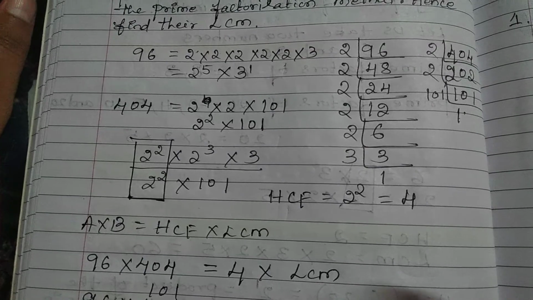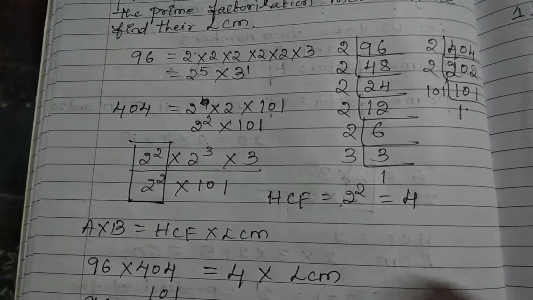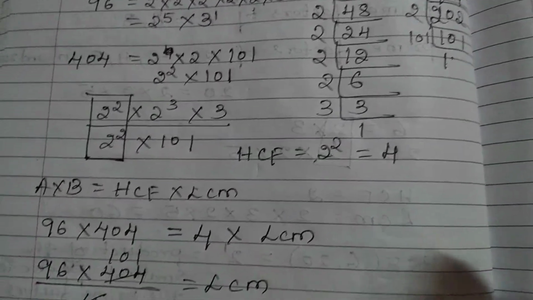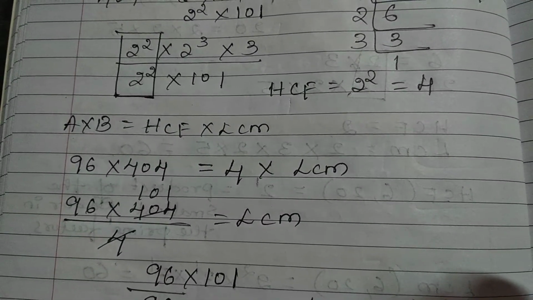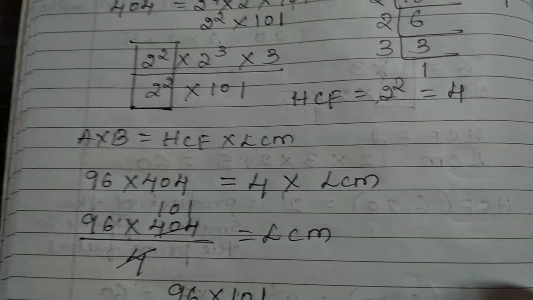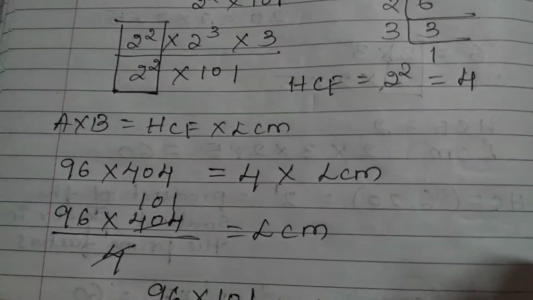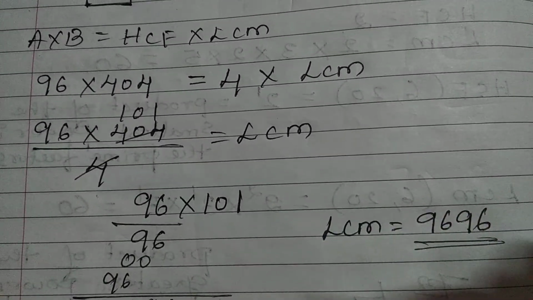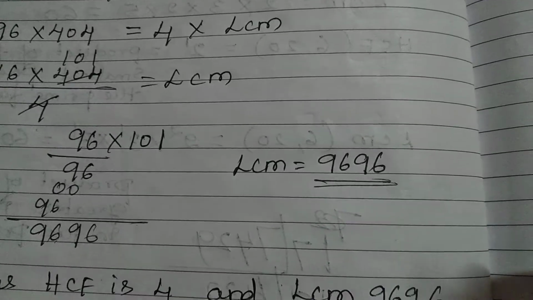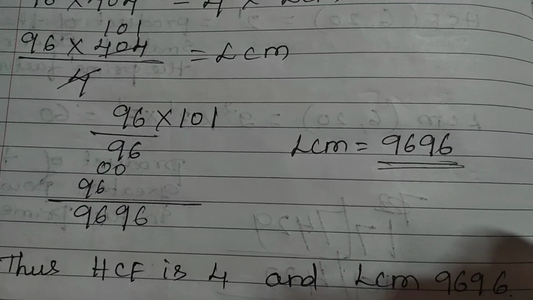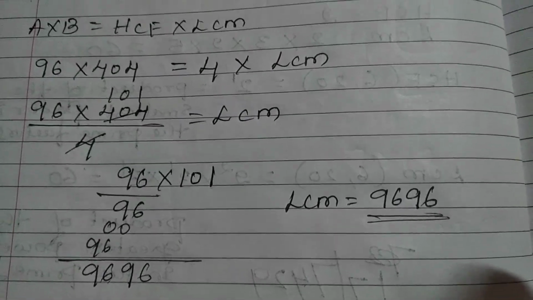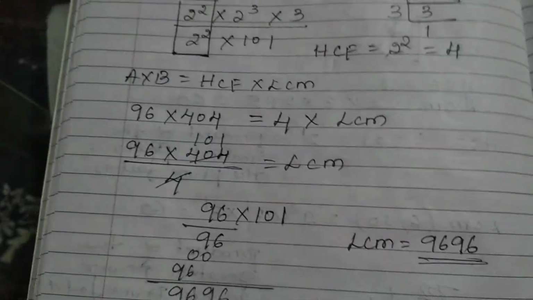HCF is 2 square. 2 square is common, that's why 2 square is HCF, that is equal to 4. After that, take the relationship A into B is equal to H into L. Substitute that, and you will get the value of LCM. Got it?